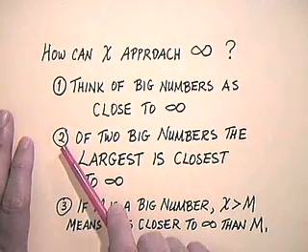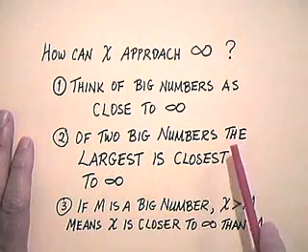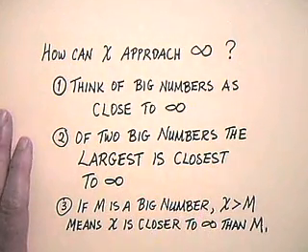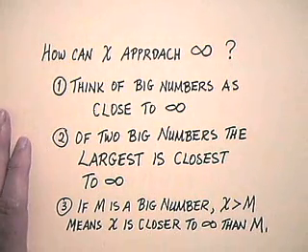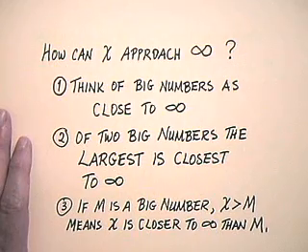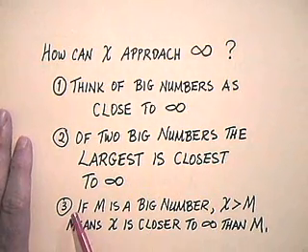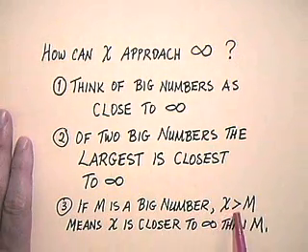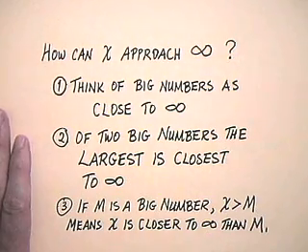And then next, of two big numbers, realize that the largest is closest to infinity. If you have any finite set of big numbers, then the biggest one, the largest of them all, is the one that's closest to infinity among all those numbers. So finally, third, if M is a big number, then when you see x greater than M, that means x is closer to infinity than M.